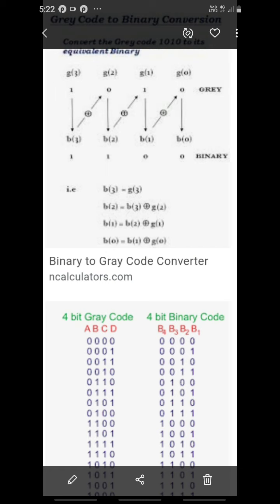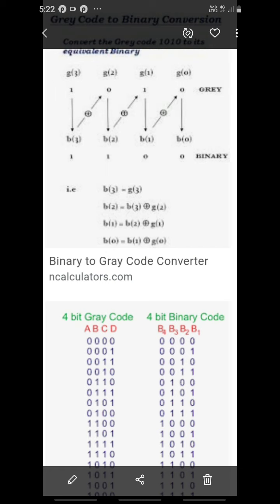Carry out the following steps to convert the given Gray code into binary code. Step 1: Keep the MSB of the given number as it is. This is also the MSB of the binary number.